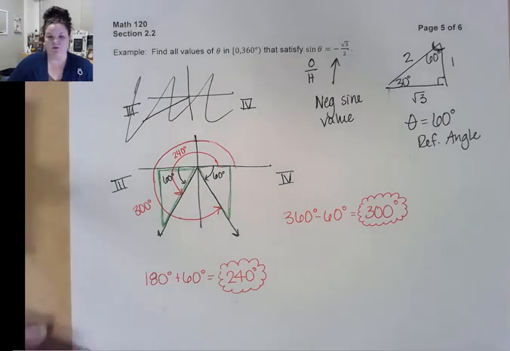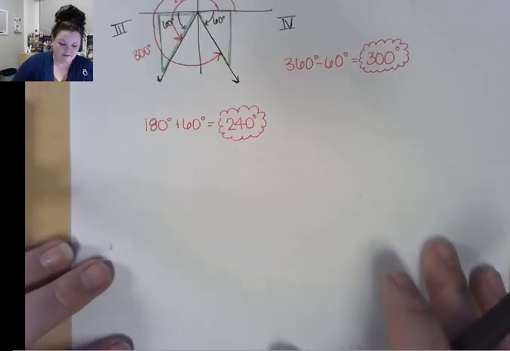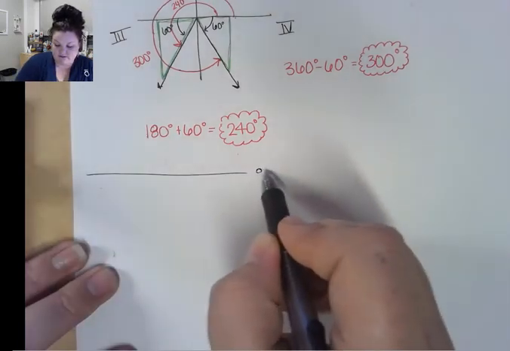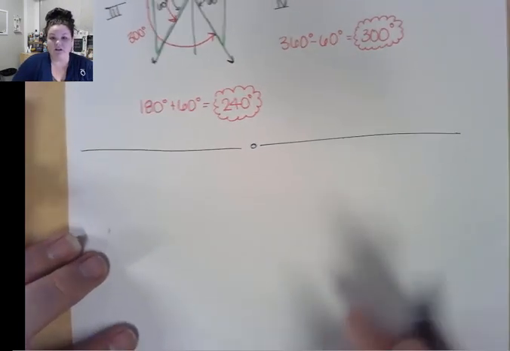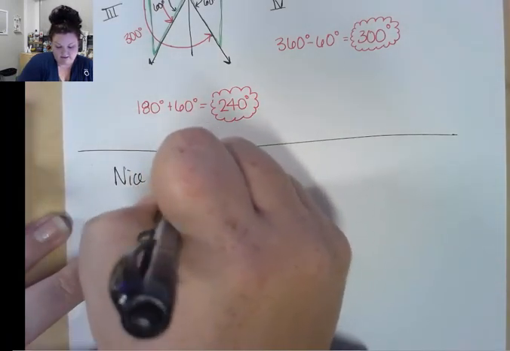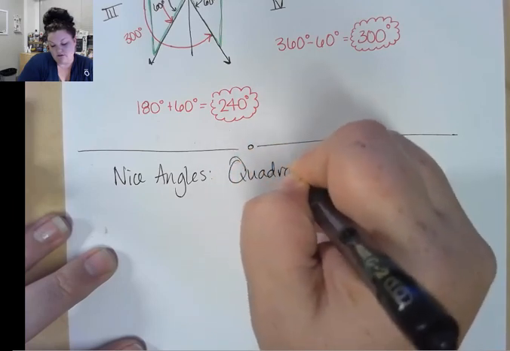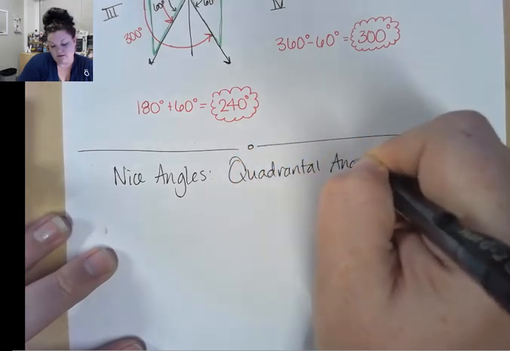I just want to mention one more thing down below. Basically we have two types of angles that we're dealing with. In the earlier sections, we talked about our nice angles, which are our quadrantal angles.